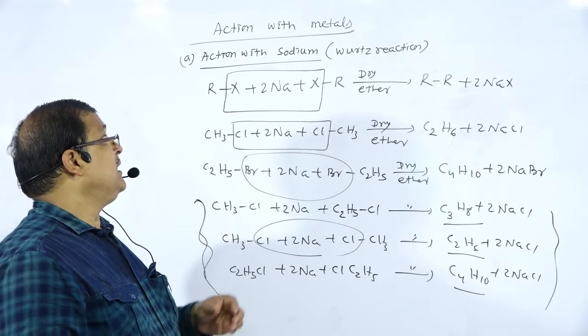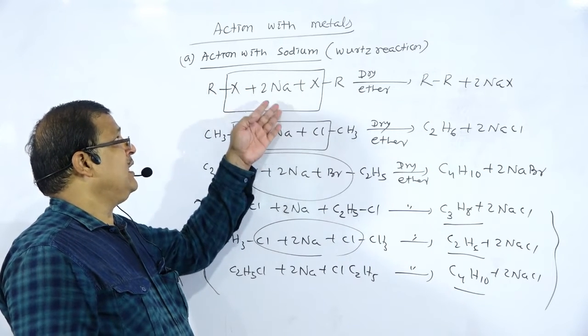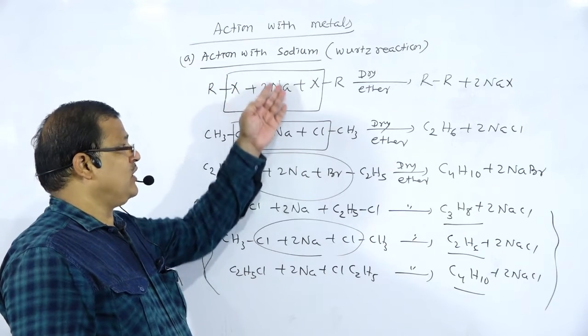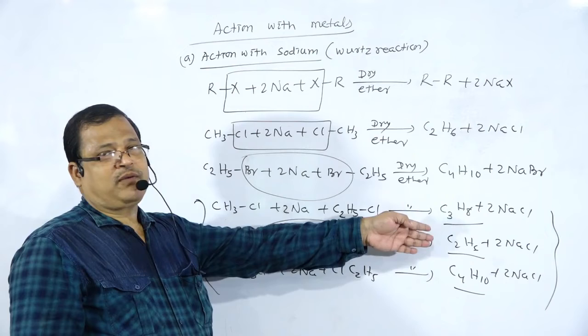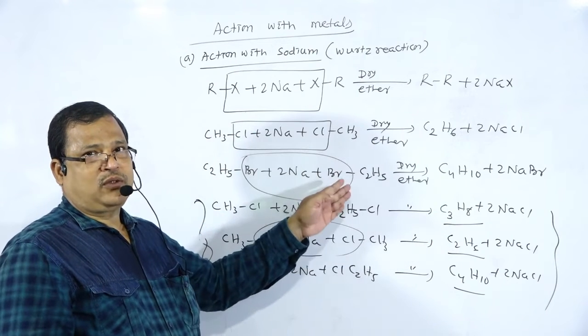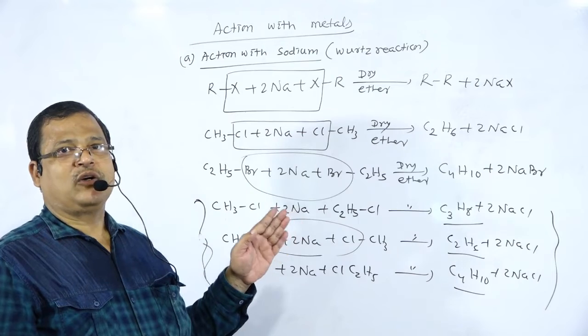So regarding the action of alkyl halide with metal, we have discussed the action of alkyl halide with sodium metal to form an alkane with double the number of carbon atoms, a method applied to increase the number of carbon atoms during organic conversions.